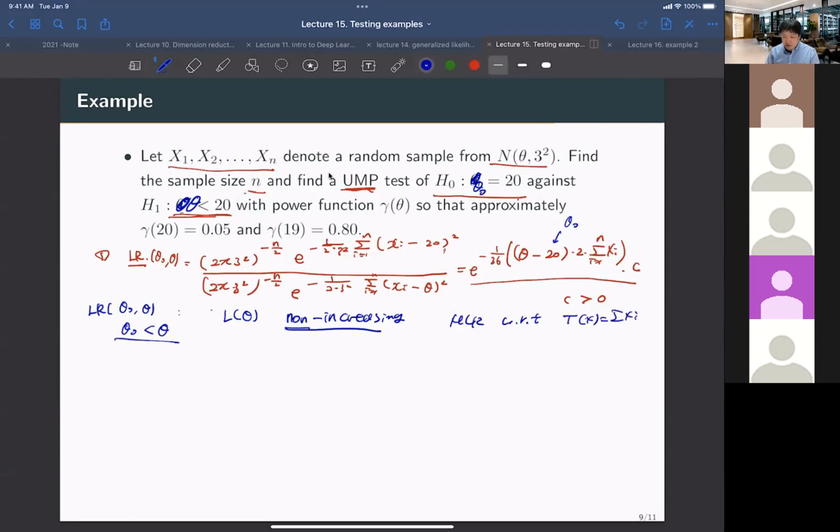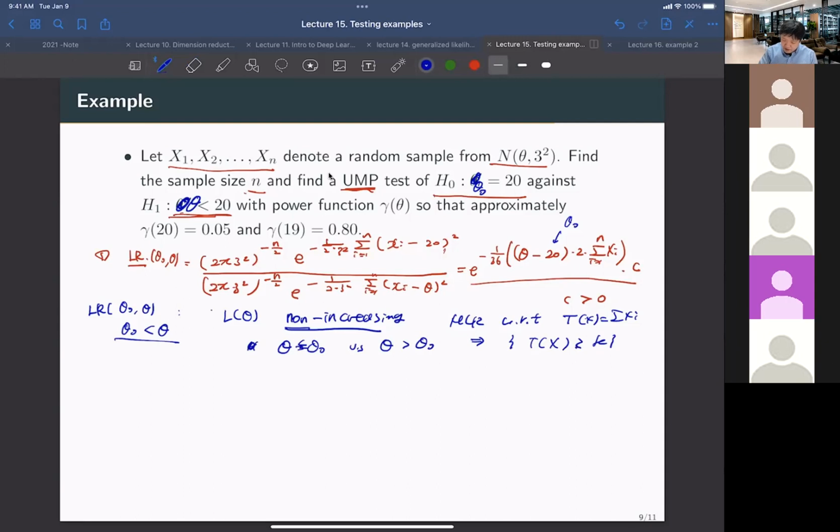Then the Neyman-Pearson lemma tells that the most powerful test is, if theta equals theta 0 against theta is greater than theta 0, the test rejection region will be of the form T of x is less than something, greater than something, sorry.